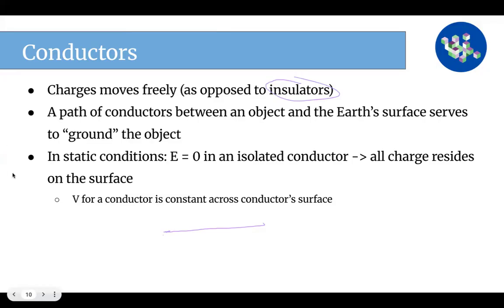A path of conductors between the object and the Earth's surface serves to ground the object. Basically, if I have a conductor over here and the Earth over here, and I attach a wire from the conductor to the Earth, and let's say the conductor originally had some charge on the surface, then all of this charge on the conductor would move through the wire and into the ground.